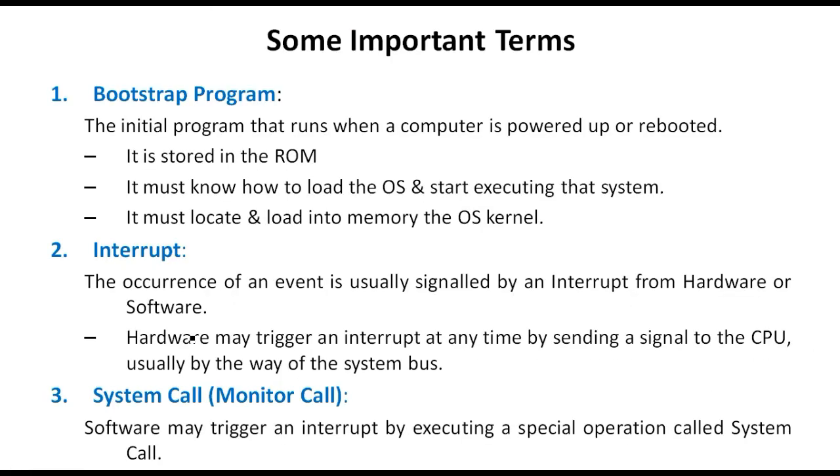Okay, so there are some terms we need to understand here. Before we proceed with the operations of the computer system, the basics of the operating system can be understood with these three terms: the bootstrap program, interrupt and system call.